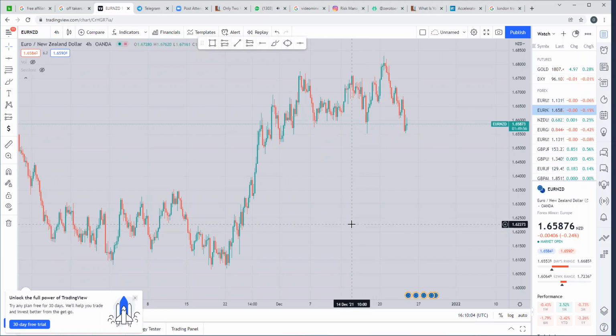That's an impulsive move. You understand? So the first thing you need to do is go on a monthly time frame and understand where this market is. Are we ranging? Are we moving upward or downward? Or are we in a consolidation?